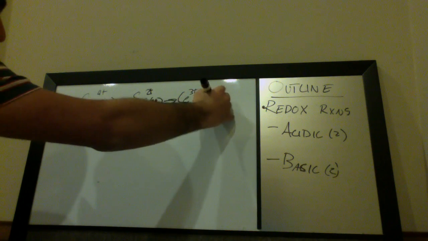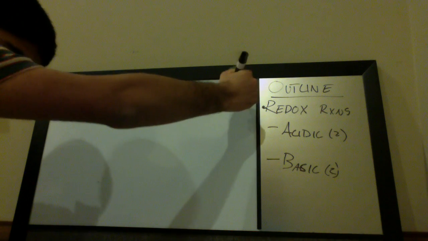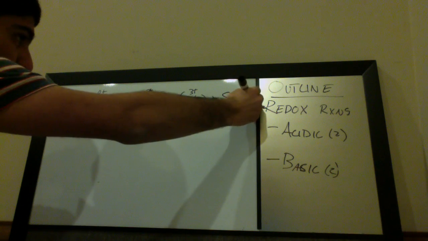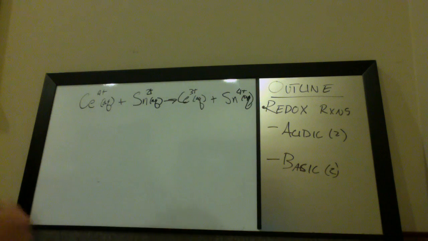I didn't say if it was oxidized or reduced. That is for you to find out by using the definition I just gave. Did anybody figure it out yet? Well, if not, I'm going to go ahead and say it.